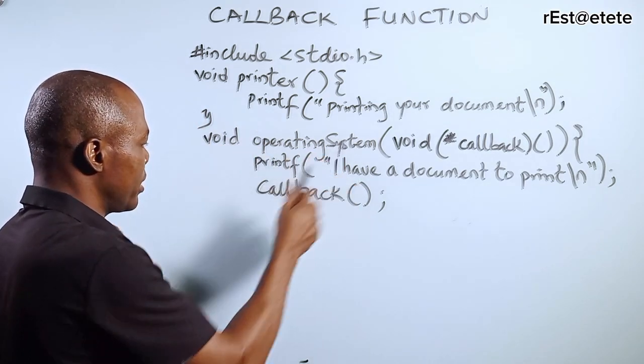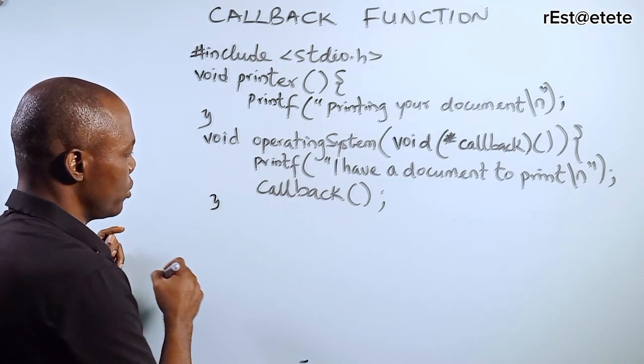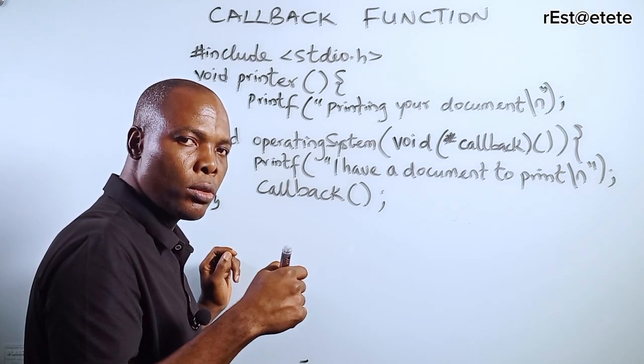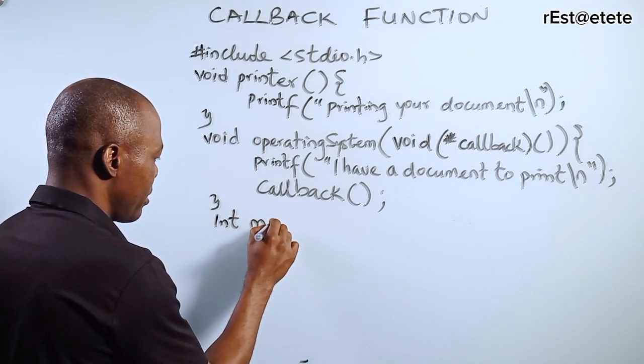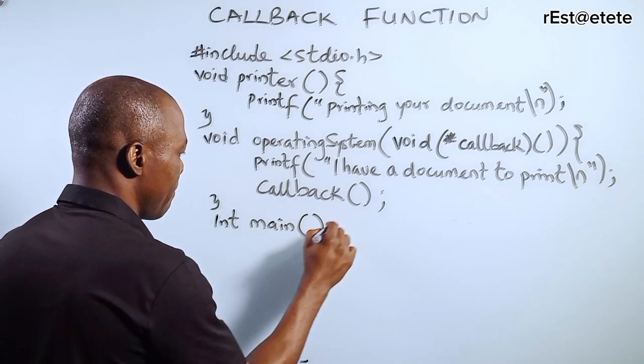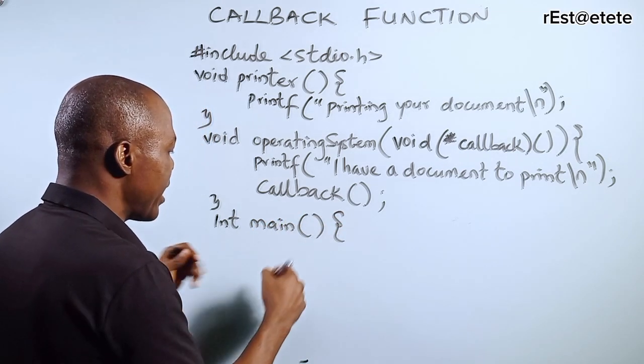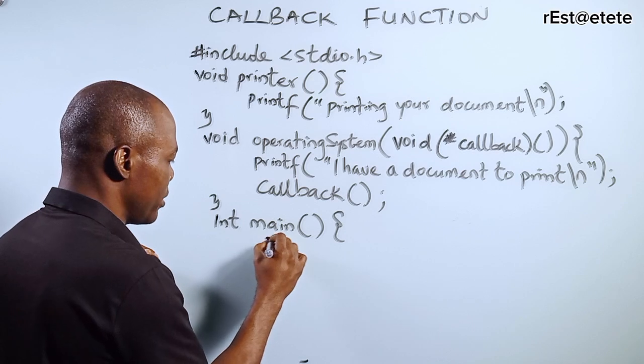Now I've written my operating system. So I'm going to close this. Now I'm going to write my main function, which is the soul. So int main. Now, inside this main function, I'm also going to write printf.